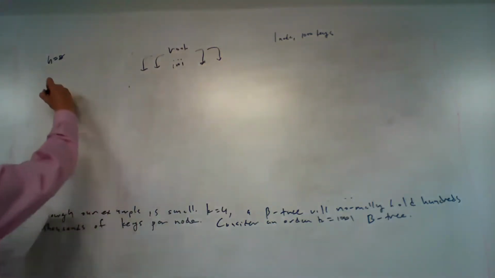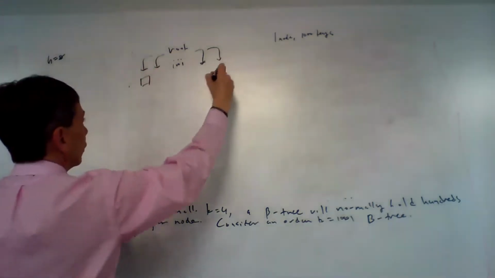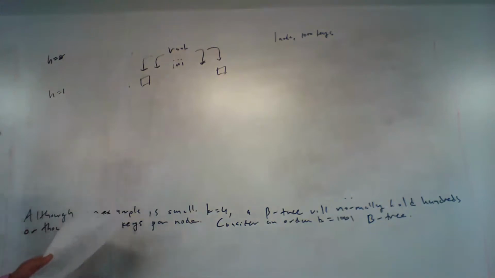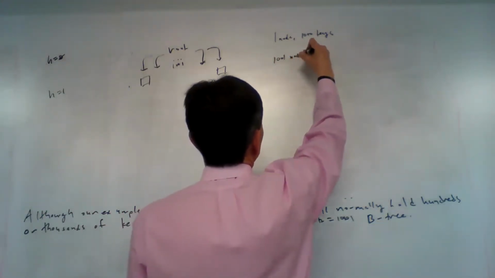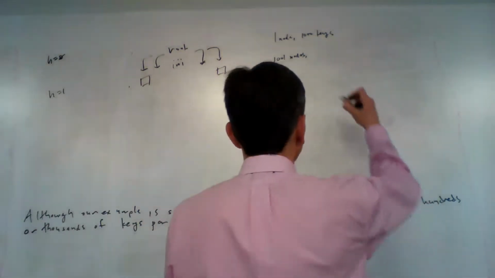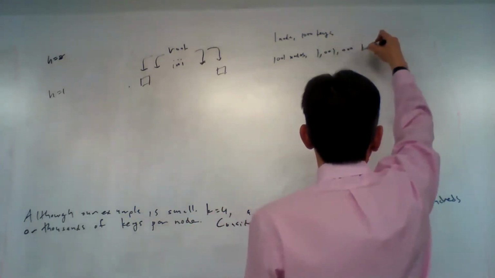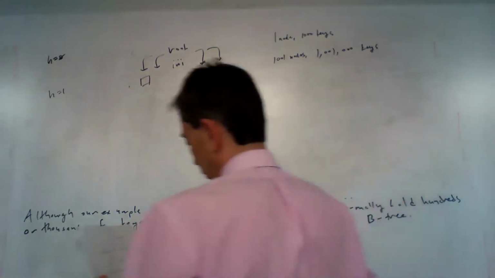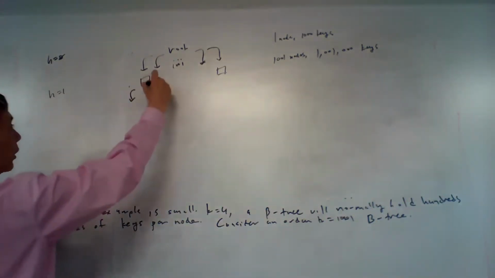And so at level h equals 1, we have these nodes. So we have now 1,001 nodes. And each one of those can hold up to 1,000 values. So 1,001 times 1,000 is about 1,000,000 keys. Okay, and then you get exactly the same thing here.